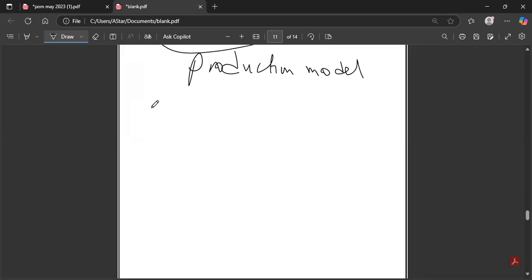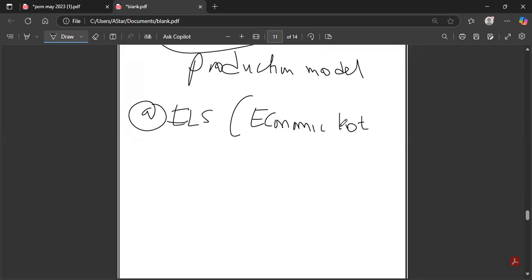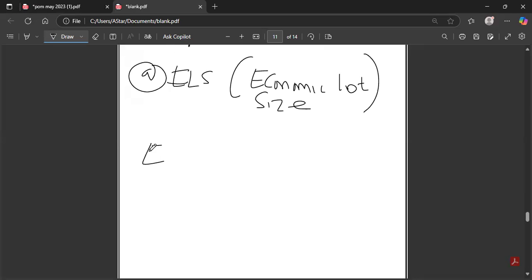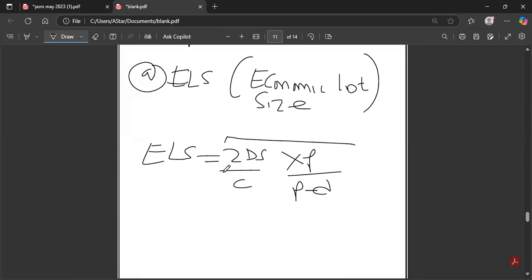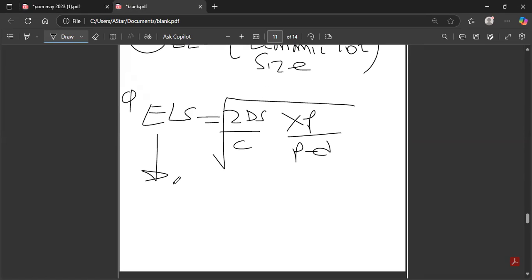So under production model, we have economic lot size. Economic what? Lot size. So our economic lot size is equal to 2DS over C multiplied by P over P minus D. This is the formula for how many units we can produce at a time.